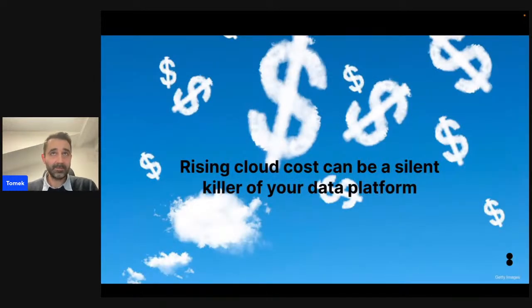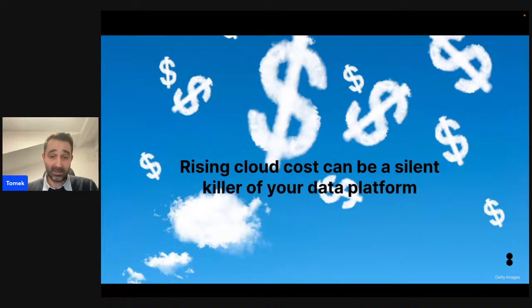So in the long run, sponsors of the platforms will be nervous if those data platforms don't show positive ROI and real business impact, and all they see are long and large cloud bills that they have to pay for.